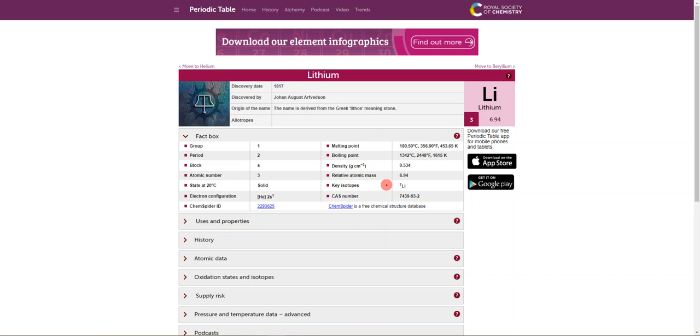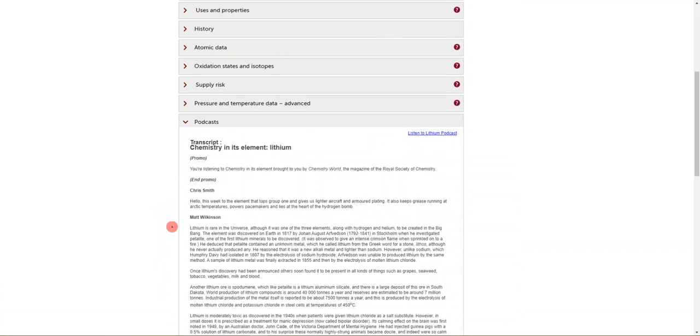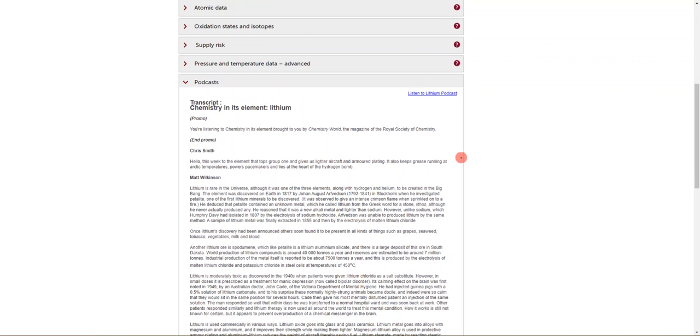It gives its density, its atomic mass. We haven't really talked about isotopes, and you don't really need to worry about that. But you can go in here, and there's loads of useful information. There's podcasts about it, so you can go in here and listen to the podcast on lithium.